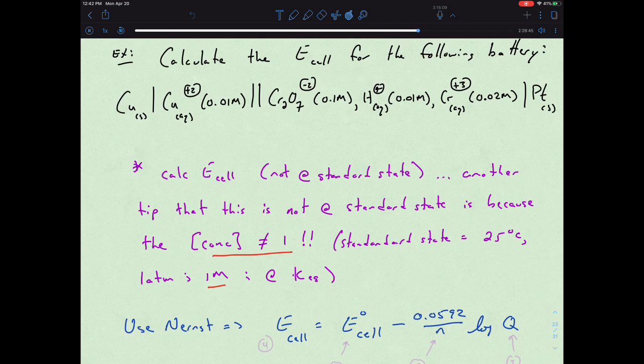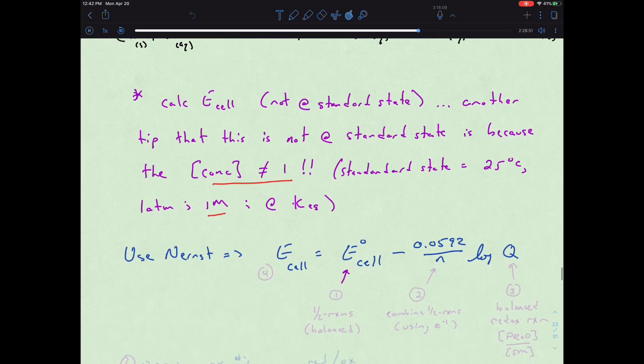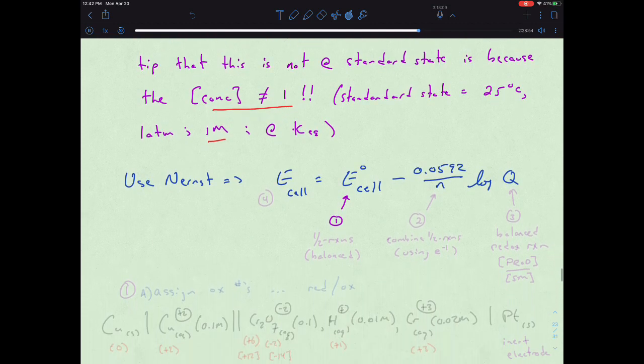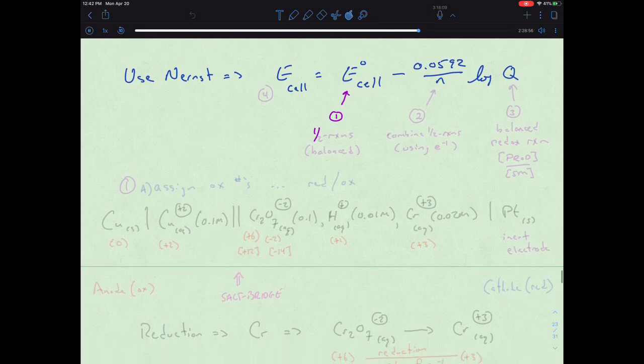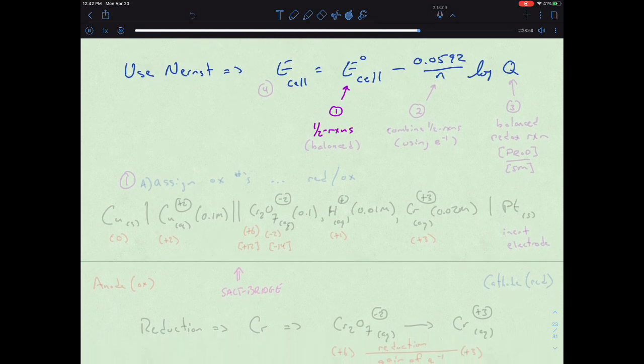So as far as our steps, we could say that here's our first step, right? And that's coming from our half reactions and having them balanced. And here could be said as step 2, where we now need to combine half reactions, right, where we're using electrons for that combination.